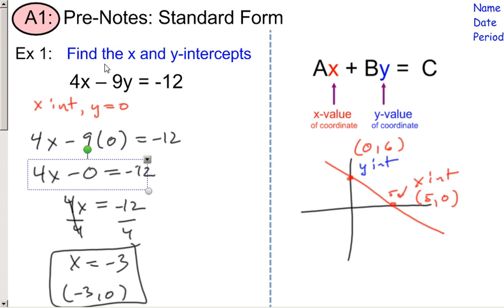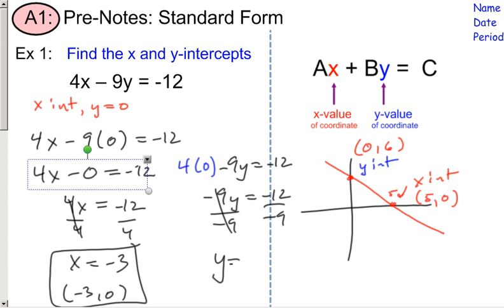Okay, now but it says find the x and y-intercept. So we have to do the same thing, but instead of having y equal 0, we're going to have x equals 0. So we'll say 4 times 0 minus 9 times y equals negative 12. And now we just solve for y. So 4 times 0 is 0. That leaves us with negative 9y equals negative 12. Divide by negative 9.